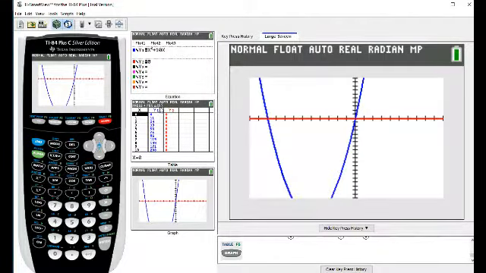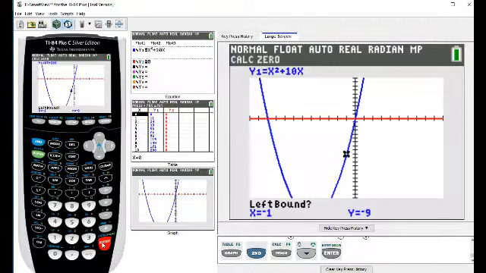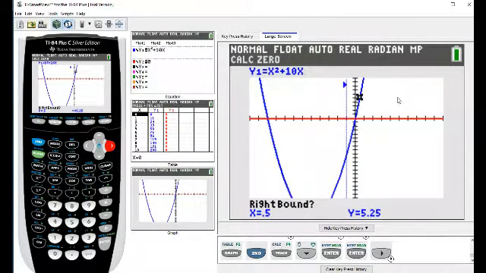So we should now go to calc, second, trace, and we can go to intersect, or we can even go to this 0 function here, and if we hit enter for left bound, and then come to the right of where it looks like the 0 occurs, then we hit enter, and then go back into the middle to the guess and hit enter.